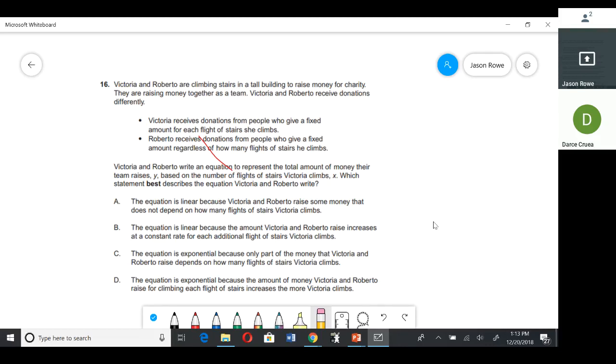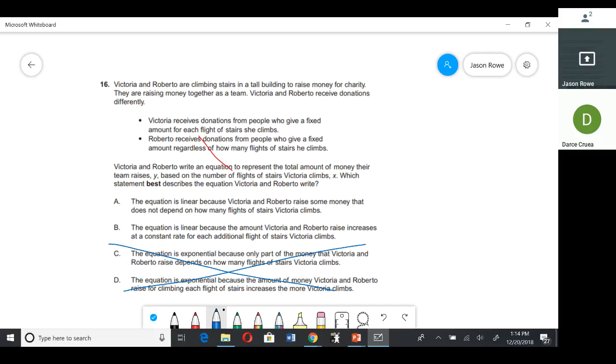If she's getting a fixed amount for every flight of stairs that she climbs, this isn't going to be an exponential function. So C and D are gone. So we got narrowed down to A and B.